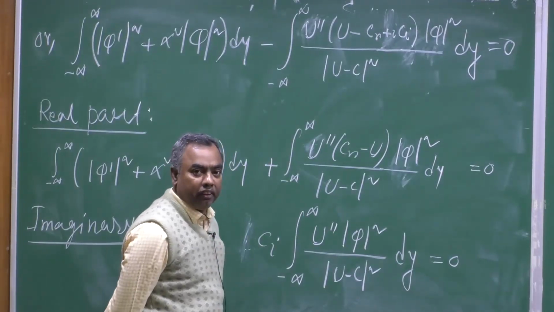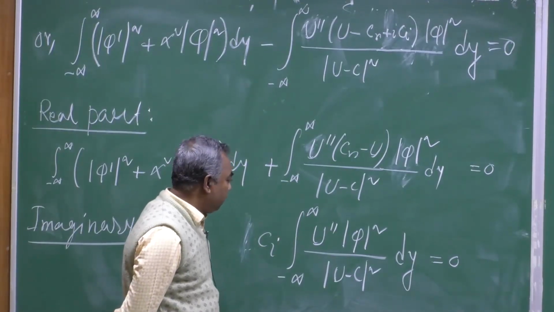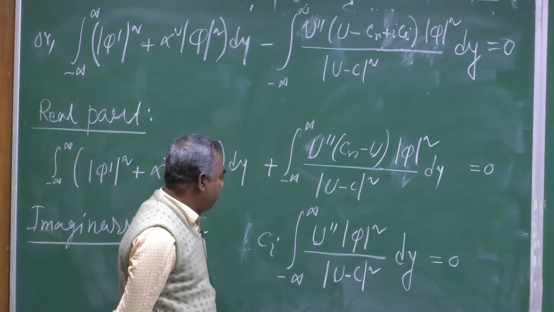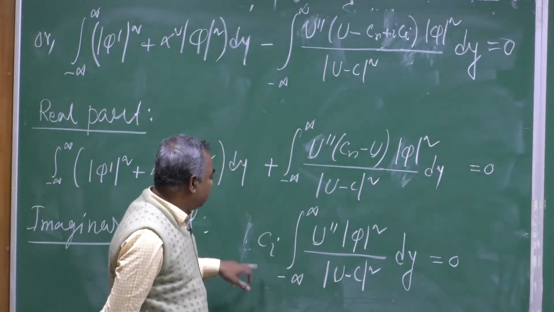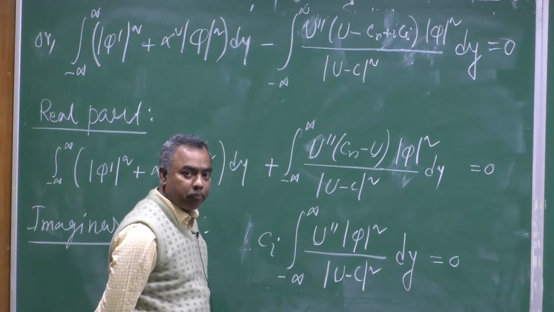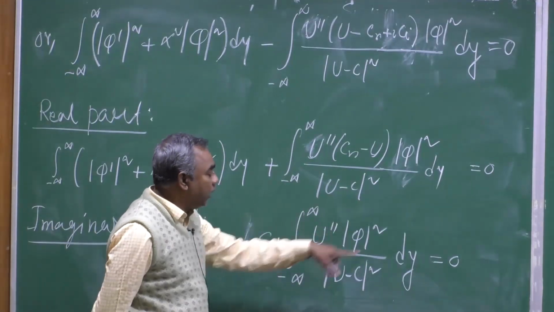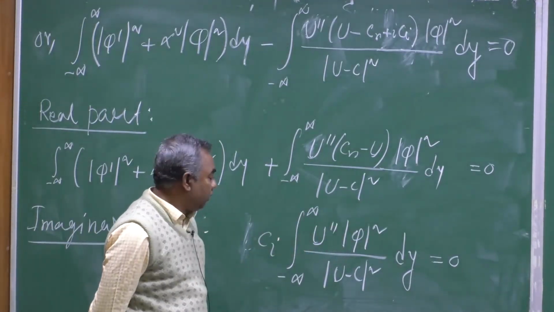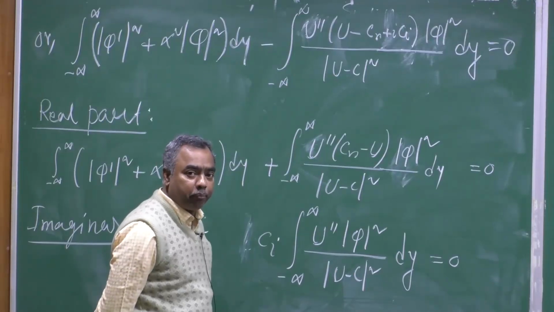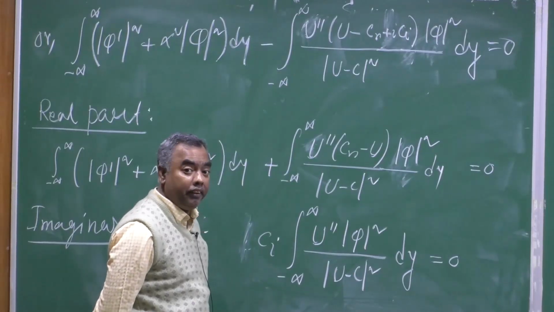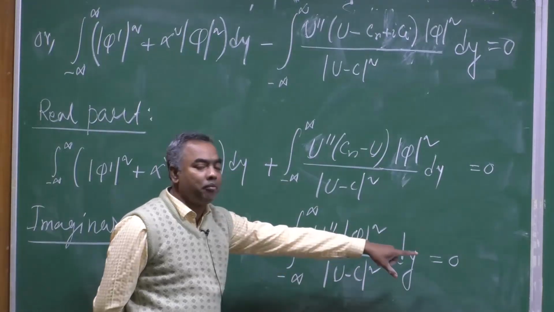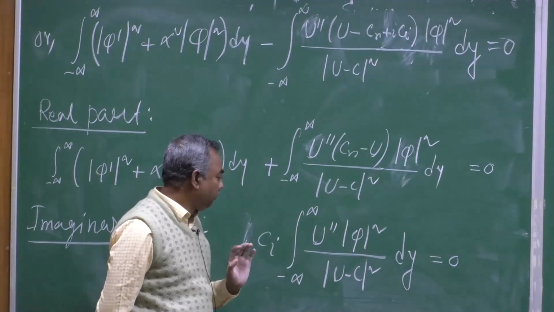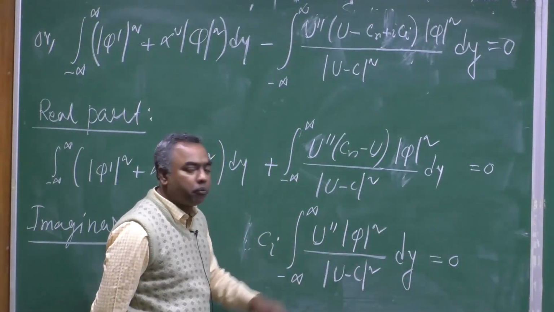Some interesting results we have achieved. For c I non-zero, for this integral to be 0, u double prime has to change sign somewhere in the flow domain, otherwise the summation cannot come to 0, because this is positive, this is positive.